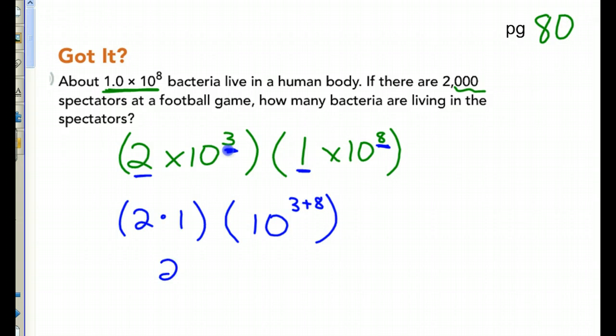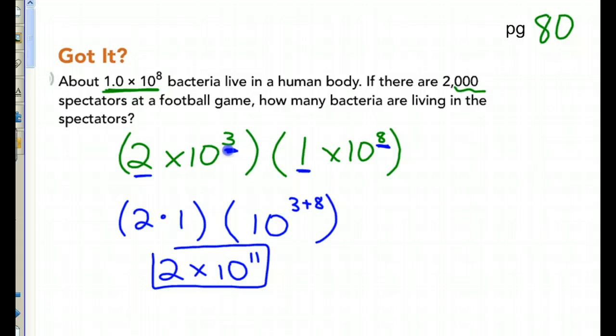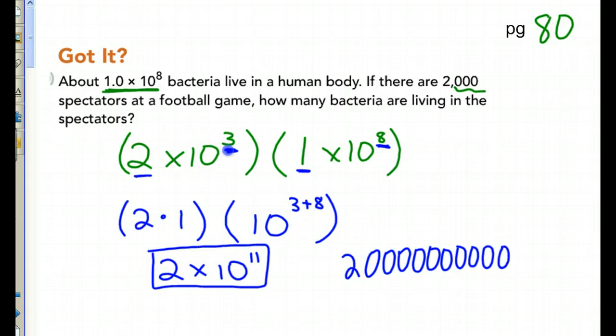So 2 times 1 is 2, times 10 to the 3 plus 8, which gives me 11. So there's 2 times 10 to the 11th bacteria at that football game. In case you were wondering how big that number looks, that's 2 with 11 zeros coming after it. That's like 200 billion. Gross.